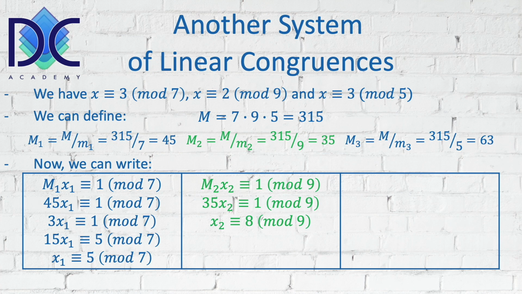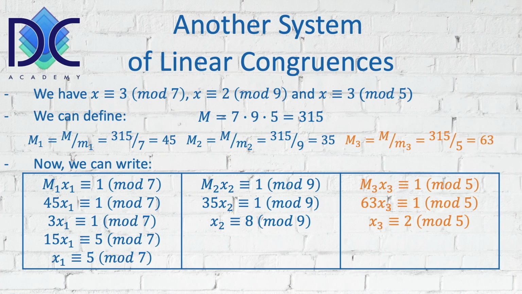So when we go for M2x2, we can say it's 35x2 congruent with 1 modulus 9. So basically we have 4, which is 36. So we have basically 3 times, which is in fact 27. And we basically find x2 is congruent with 8 modulus 9. So when we do the calculation, we find this congruence.